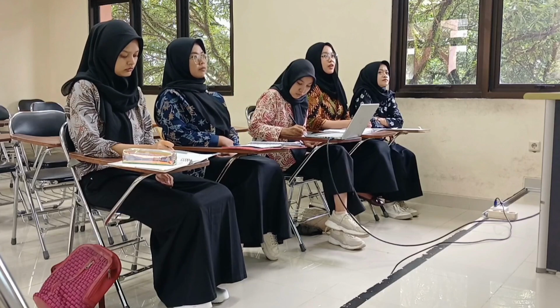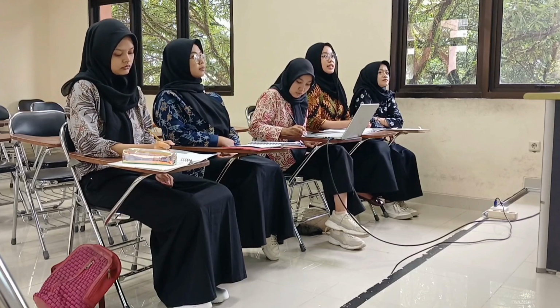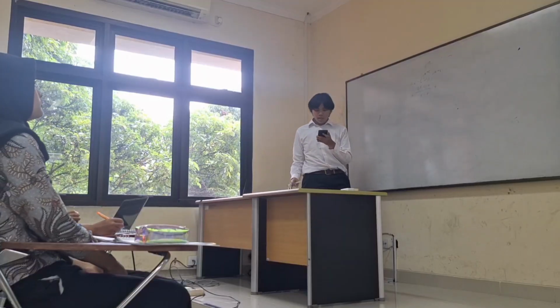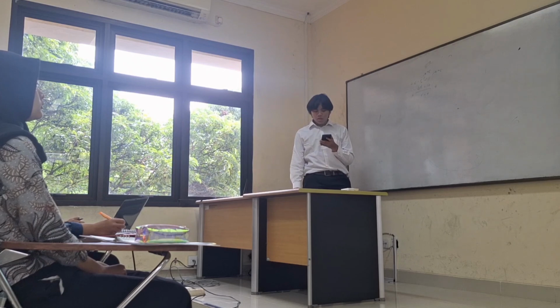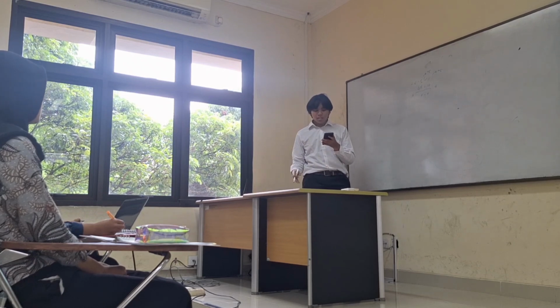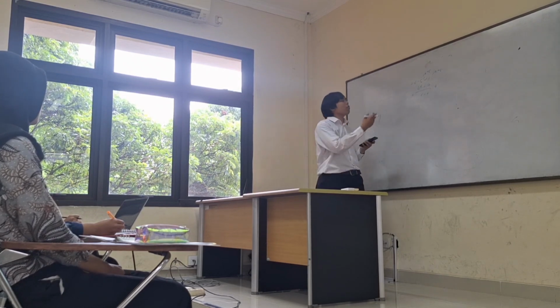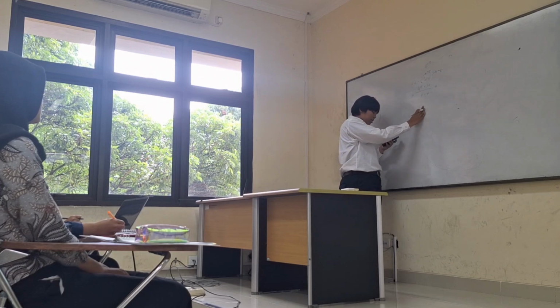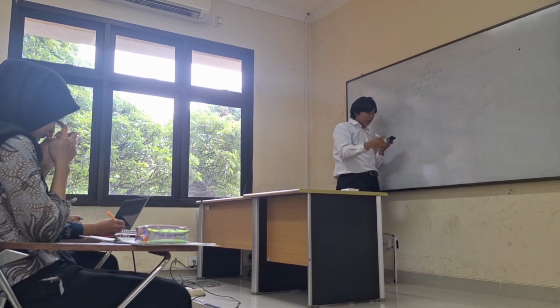So x equals 16 divided by 4, which gives us x equals 4. So, the solution to 4x minus 5 equals 11 is x equals 4.